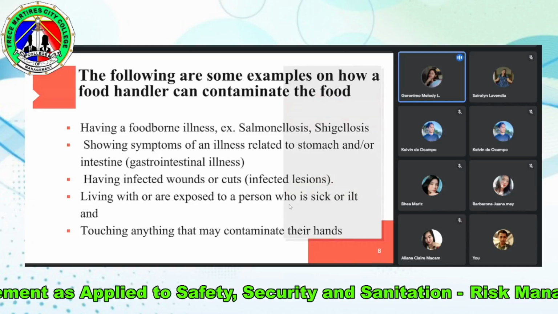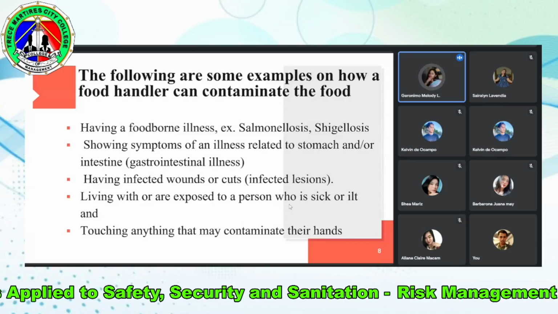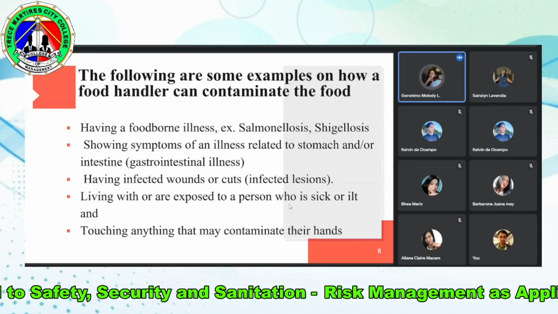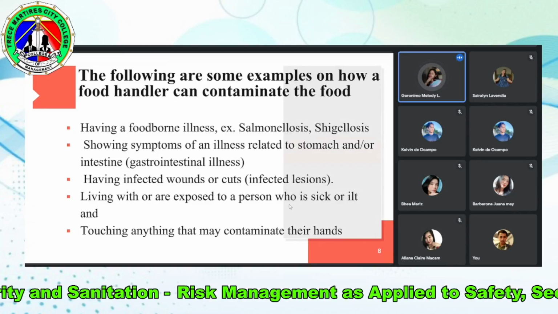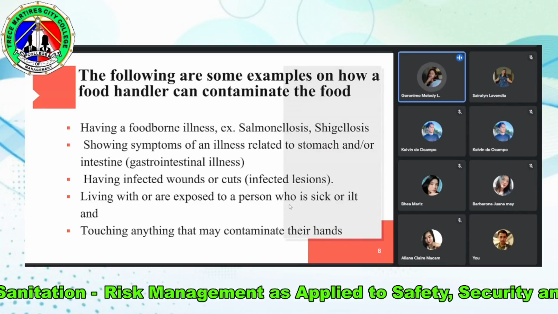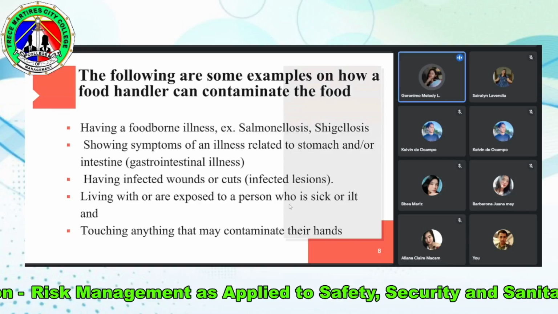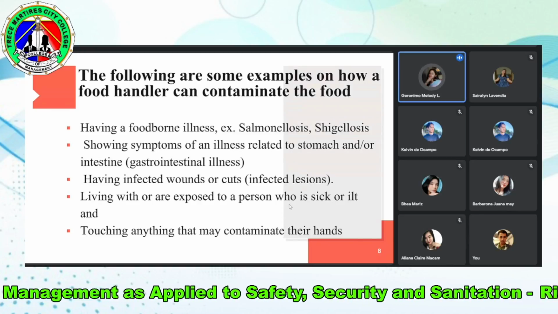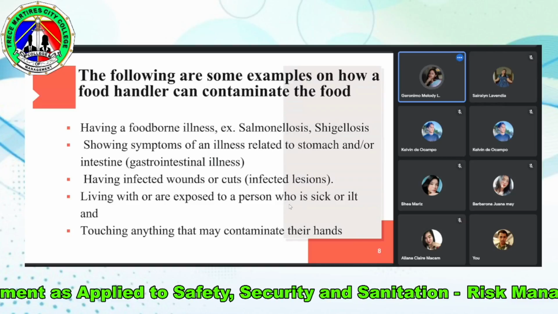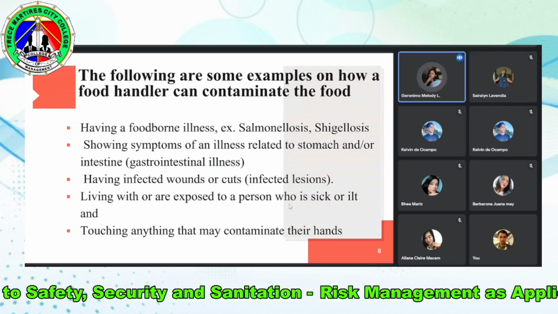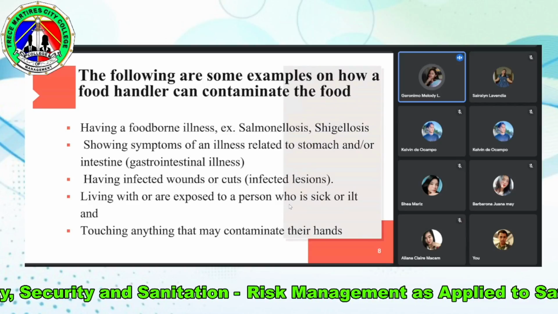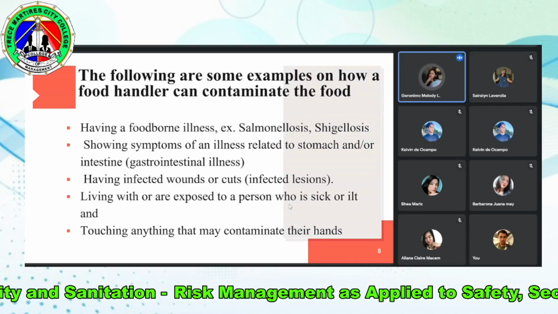So, syempre po kung ikaw po ay naghahanda ng pagkain or nagsiserve at nanigarilyo ka po, tapos humawak ka po sa kung saan-saan at humawak kang muli sa pagkain na iyong inihahanda without washing your hands, matik na magkakaroon din daw po ng food contamination. So that's all po. And the next reporter po will be discussing the good personal hygiene.